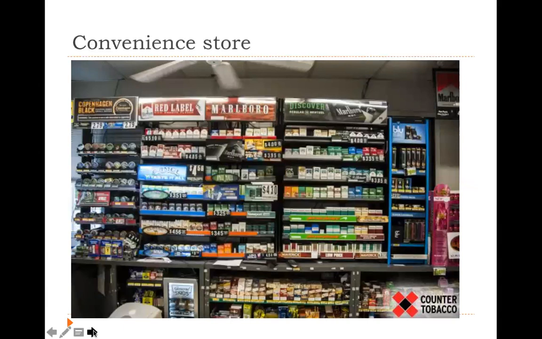So when you walk into a convenience store and you see the tobacco products and marketing promotions for cigarettes displayed prominently at the point of sale, it's contracts with tobacco companies that create the store environment that looks like this. Next slide.